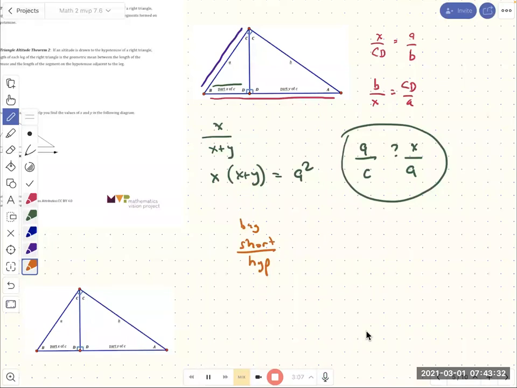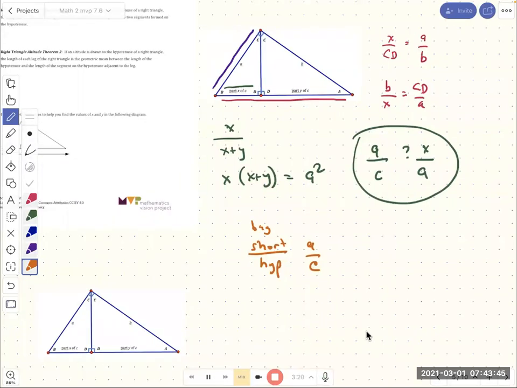The short leg to the hypotenuse would be A to C. And that is exactly like, in the small triangle, X to A. The short leg is X, and the hypotenuse is A. So you can see that's true, and you want to try and do that in the same one.